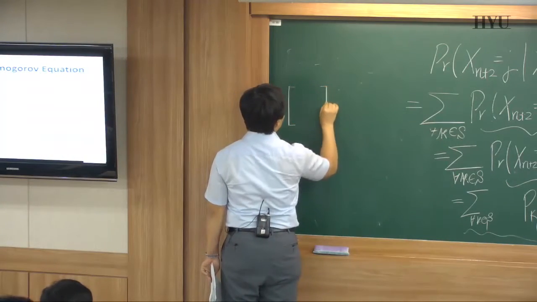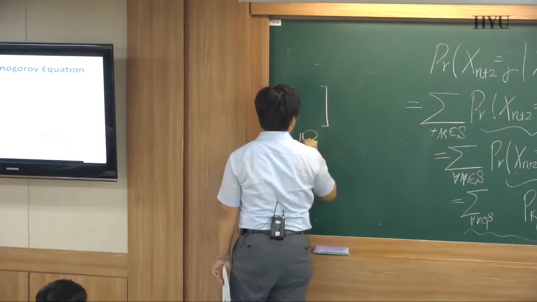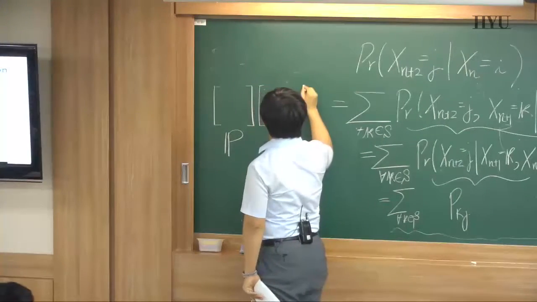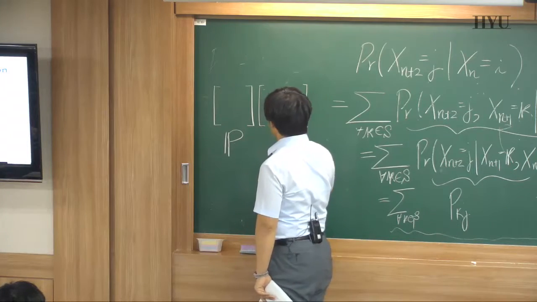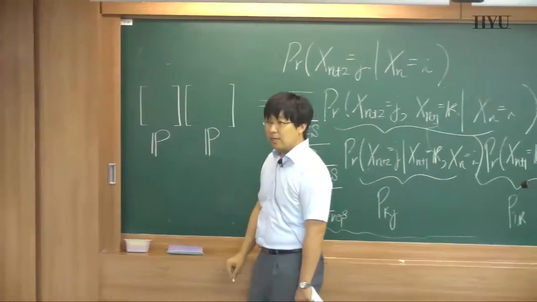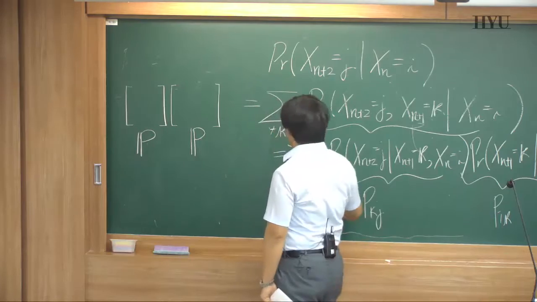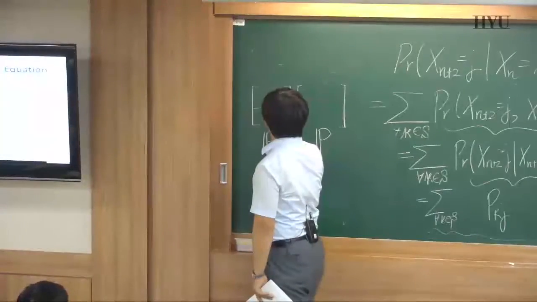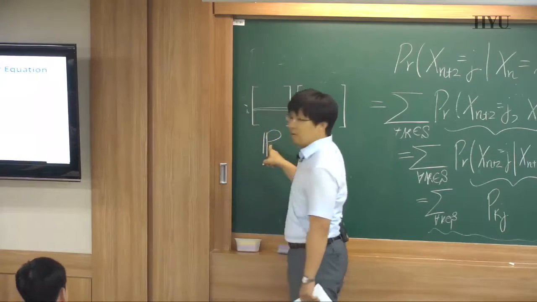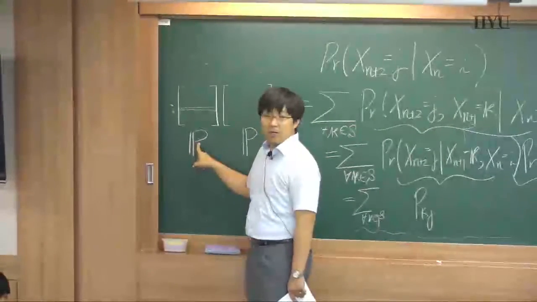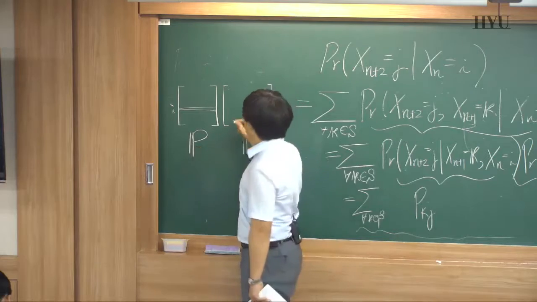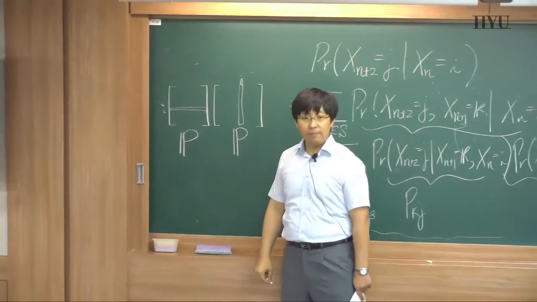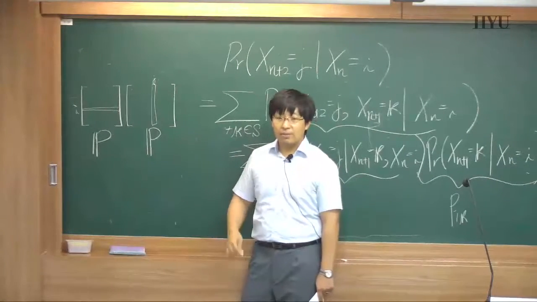Let's say this one is transition matrix P, and then another transition matrix P. This probability is the same as the i-th row of the former matrix P times the j-th column of the latter matrix P.